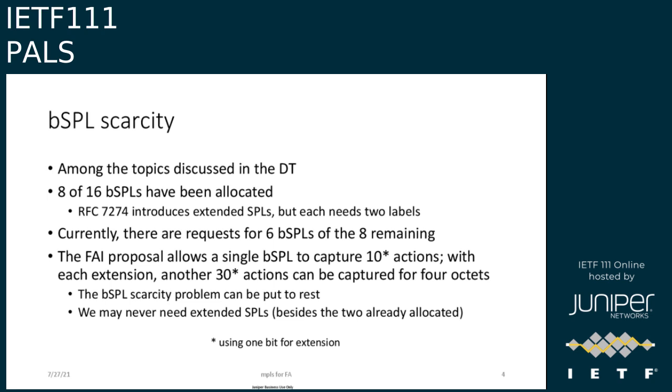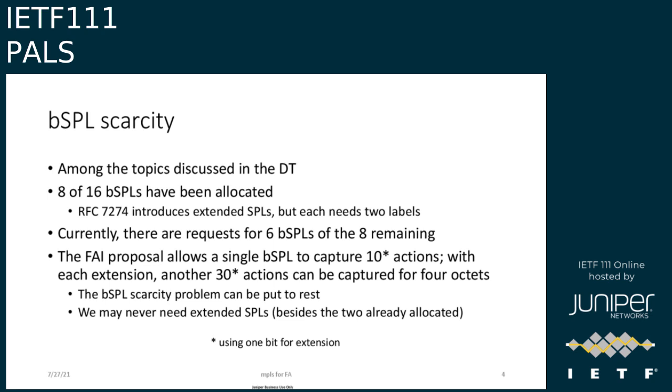Which is the scarcity, which Stuart talked about, and it's a real issue. 8 of the 16 base special purpose labels have been allocated. There is a way to have extended special purpose labels, but then you burn 2 labels for every one of those, and that ends up using a lot of label space.